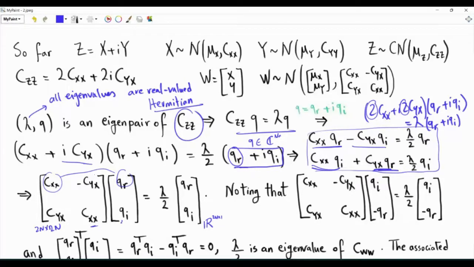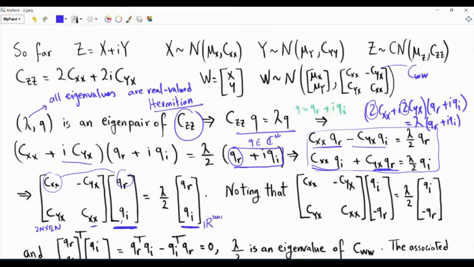Now, stare at this matrix, you will discover that it is exactly the covariance matrix of vector W. So this is CWW, and the vector that we have here is exactly the vector that we have here. This is an eigenequation for CWW. We started with lambda and Q, an eigenpair of CZZ.